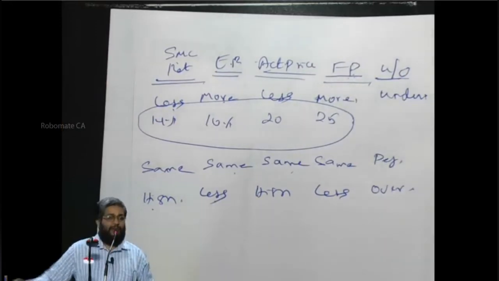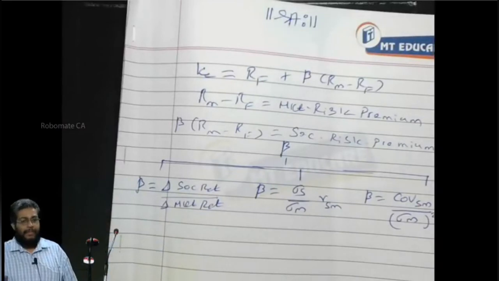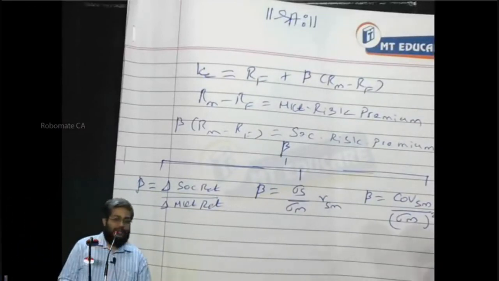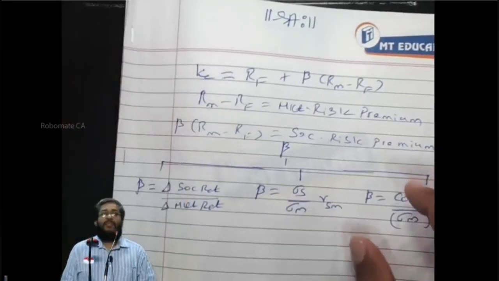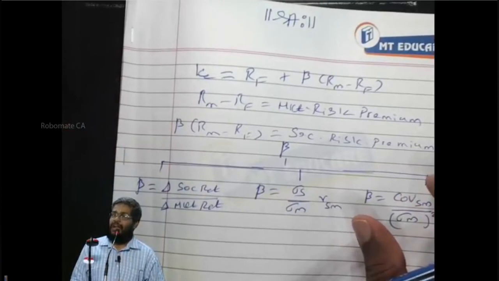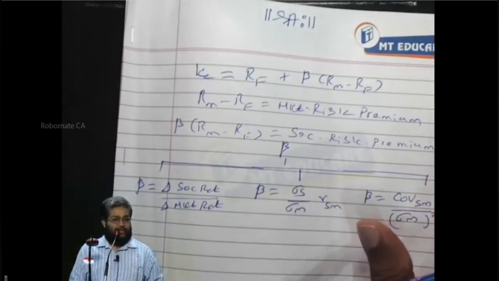Now, let's start doing the problems. See, the question is whether KE is SML or expected. Very simple. If you find out KE from the risk angle, it becomes what? SML.